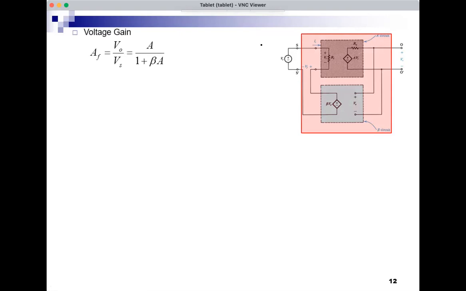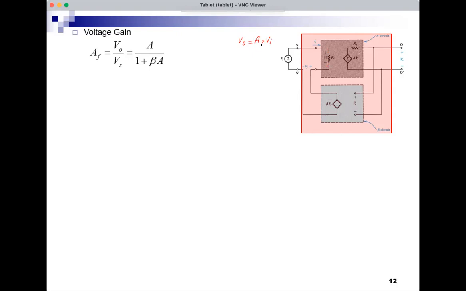Vo over Vs, we can easily show that it's A over 1 plus beta A. And that's not a surprising result. We can show from the circuit that Vo over Vs is this formula given by the general negative feedback expression, A over 1 plus beta A. And you can see it from the circuit. You can easily show that because there's no load here on Vo. So Vo is A times Vi. And Vi is the voltage here.